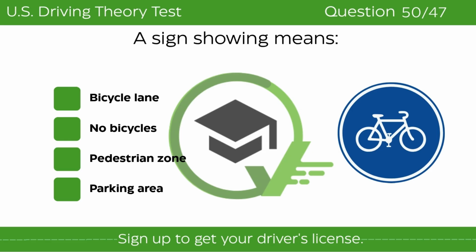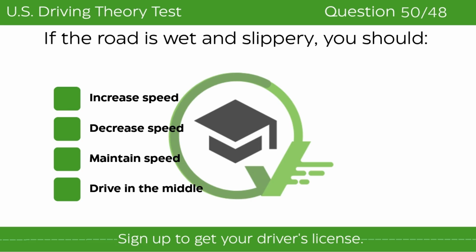A sign showing means A. Bicycle lane. Question 48. If the road is wet and slippery, you should B. Decrease speed.